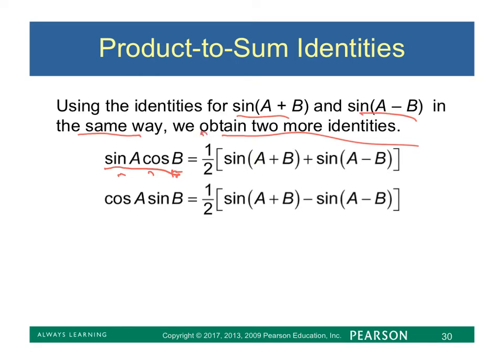To turn that product into a sum, you take sine A plus B, both of those angles, and you add it to sine of A minus B. Likewise with your cosines. Cosine A sine B, that's basically just reversing the order.